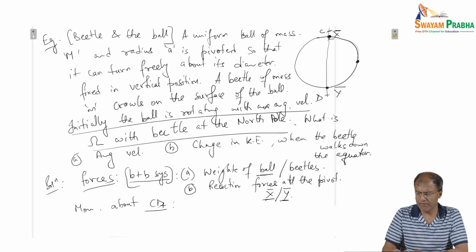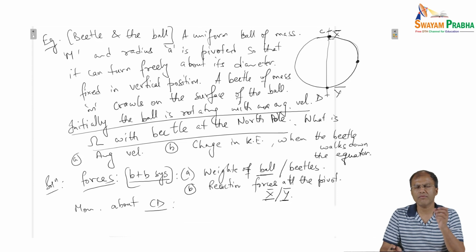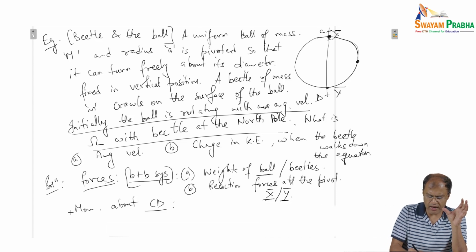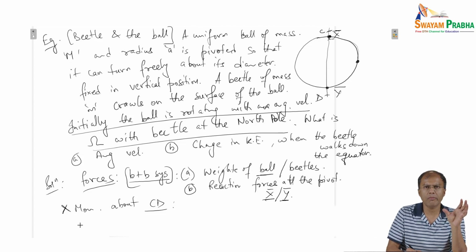Not only that, we don't even have to write the total moments of the system, because we will see that if we consider the beetle and the ball as an isolated system, there is no external force acting on the system. So we will not go through the moments route.